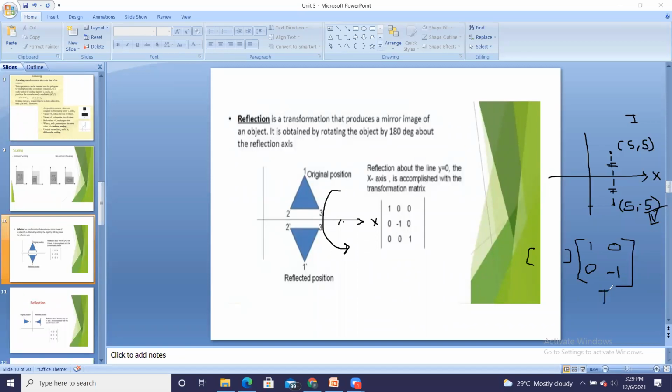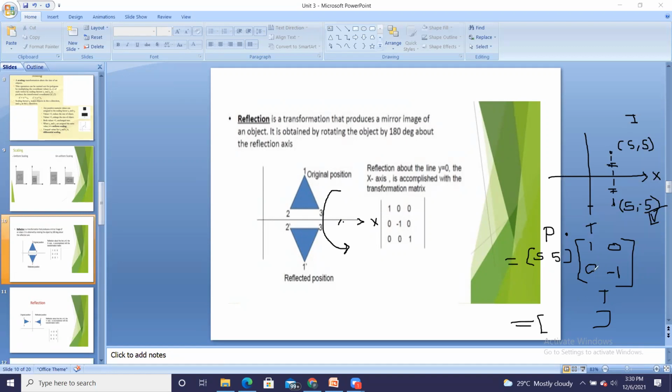This will become your T matrix for the reflection along x. Your original point was 5, 5. When I multiply with this T matrix, I should get the resultant point. This is your P, this is your T, and you are going to carry out the multiplication between them.